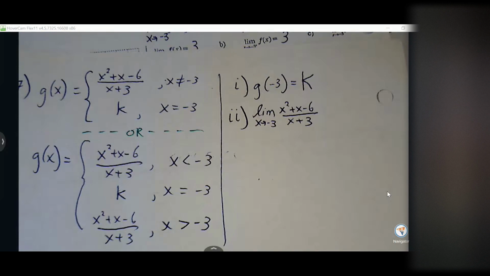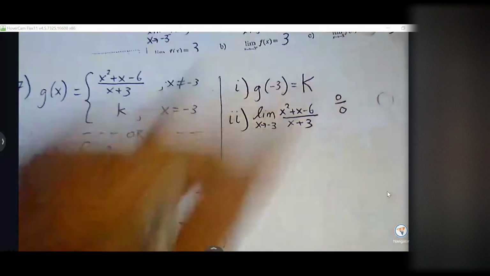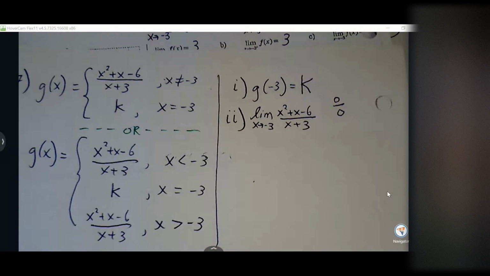Okay, first things first, insert -3. We get -3 squared, which is 9. 9 minus 3 is 6. 6 minus 6 is 0. -3 plus 3 is 0, so we get 0 over 0. That tells us there's a hole. There's a real number answer waiting for us.